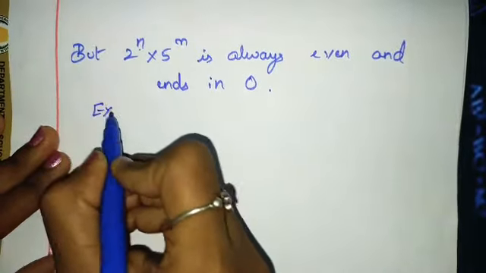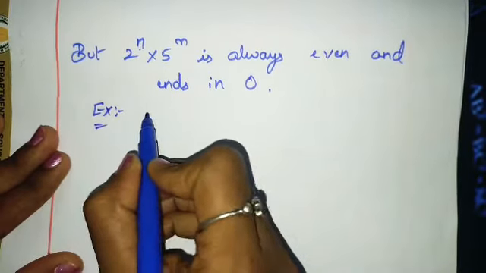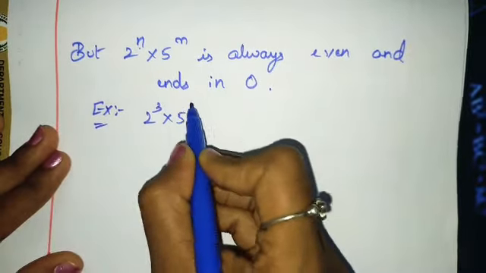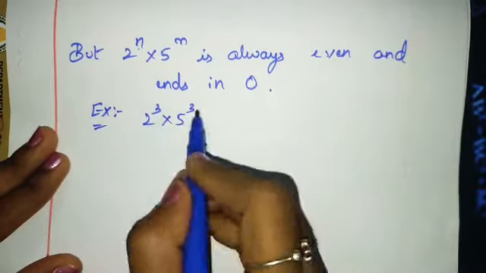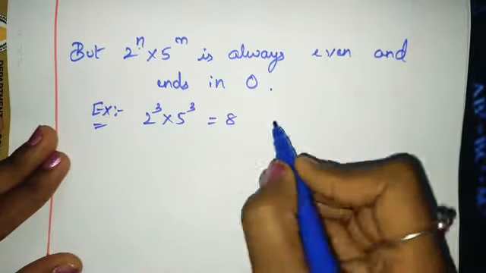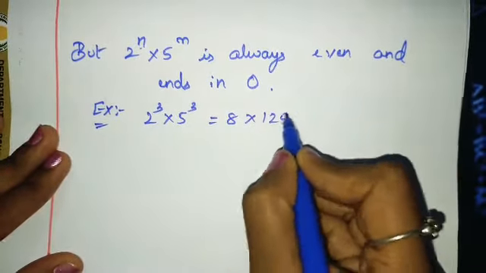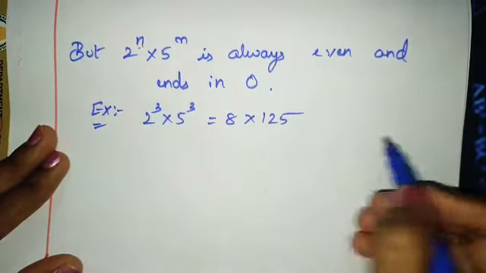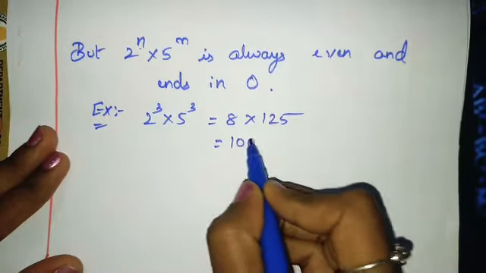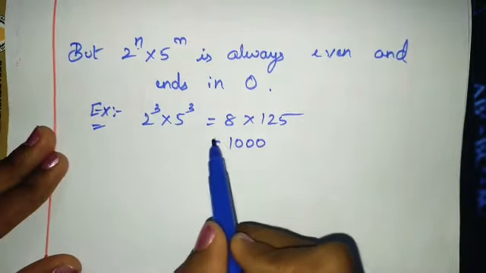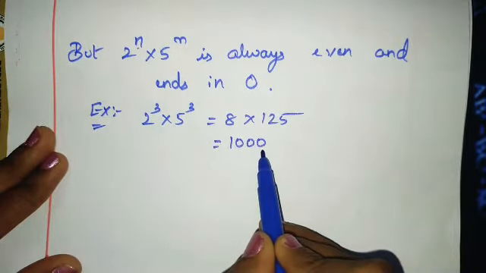If you take an example, let's say 2 cube into 5 cube. What is 2 cube? It's 8. What is 5 cube? It's 125. So 8 into 125 is what? It's 1000. See, it is an even number, and it ends with 0.